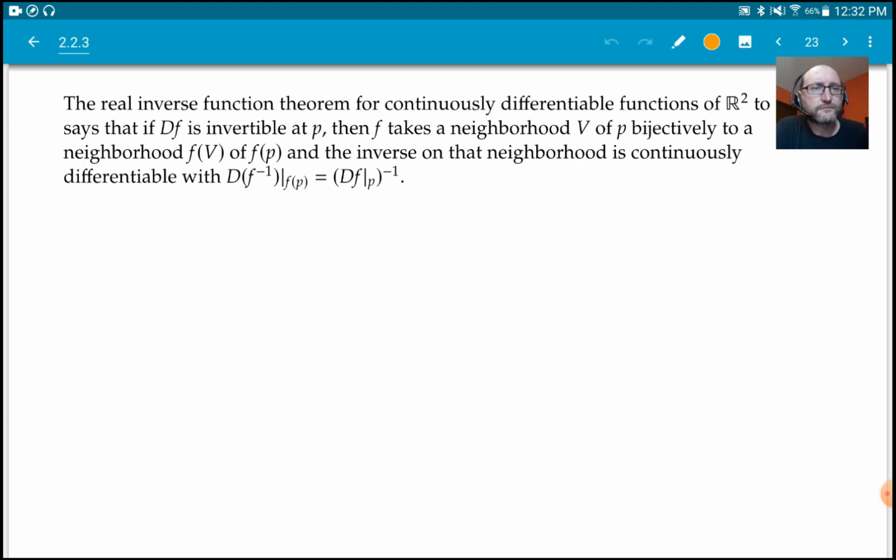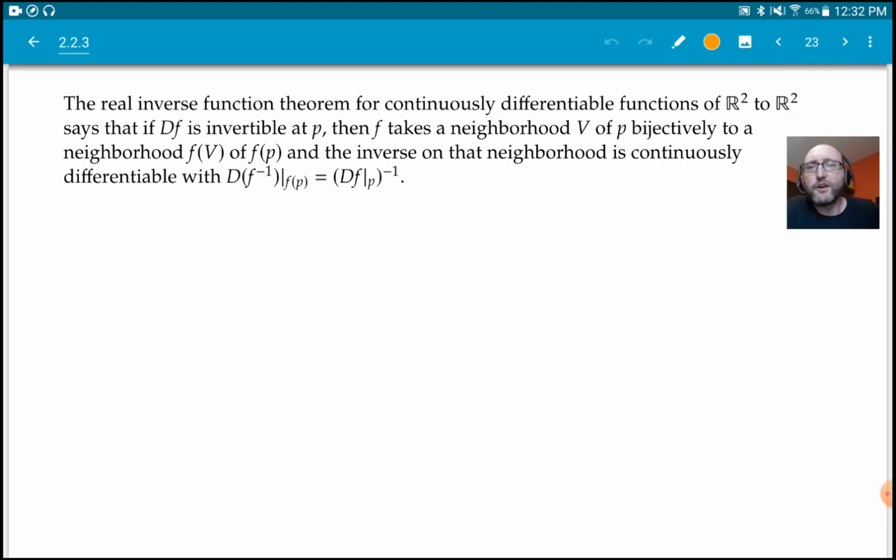All right. So let's look at the real inverse function theorem for continuously differentiable function from R2 to R2.